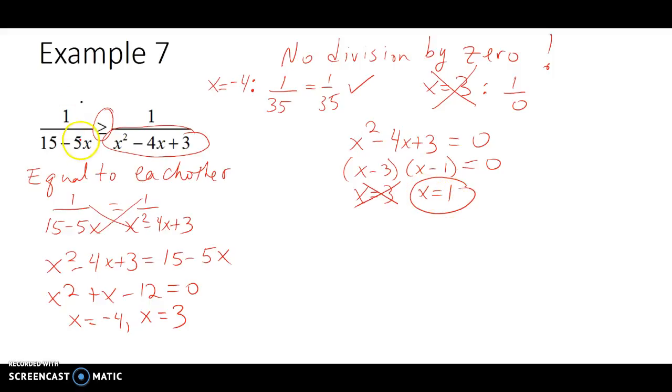If we plug in 1 for x, we get 1 over 10, and then on the other side we get 1 over, let's see, 1 minus 4, we'd get 1 over 0. So x equals 1 is not a viable solution because that, again, would also give us division by 0.